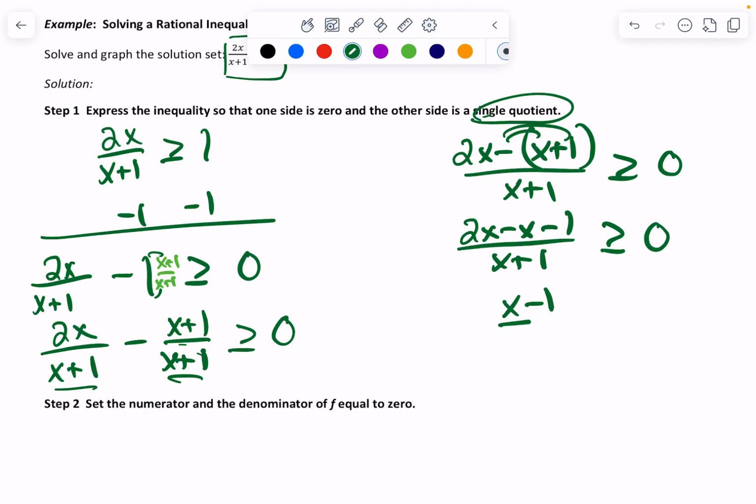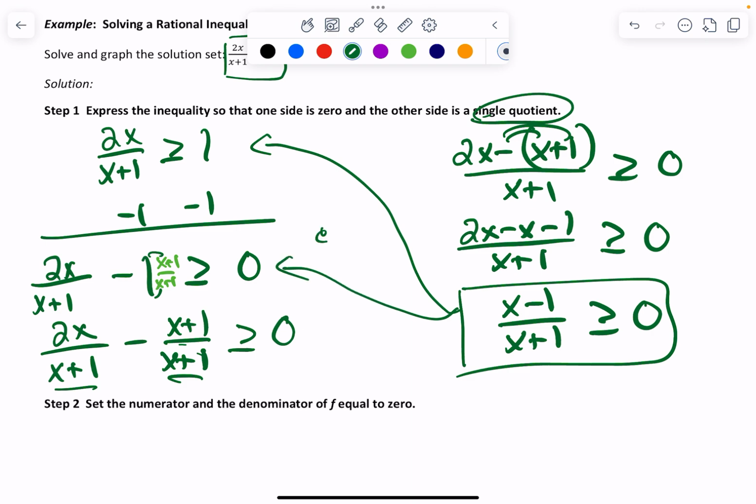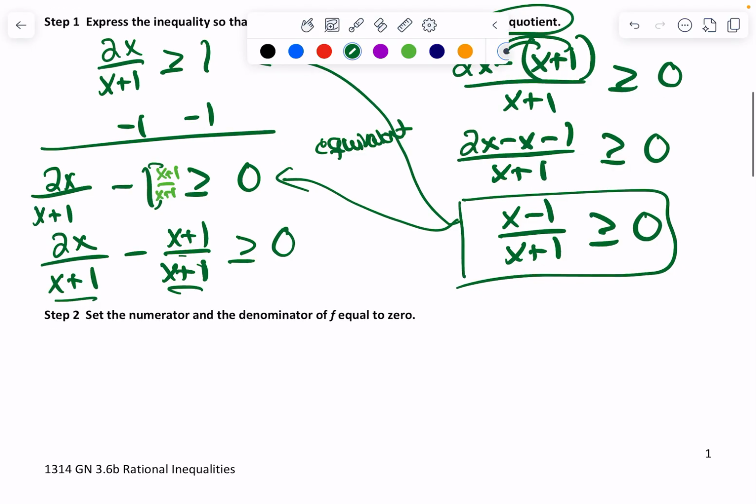So we get x minus 1 over x plus 1 is greater than or equal to 0. So now we have it in a single quotient. This is equivalent to the original, so we really didn't change anything except the way it looks, the format.